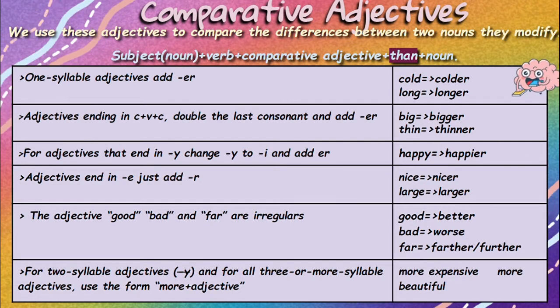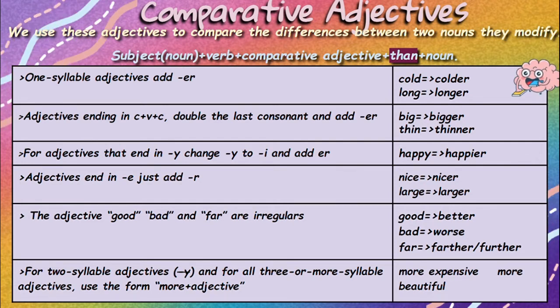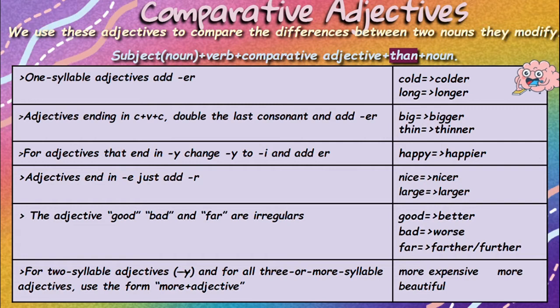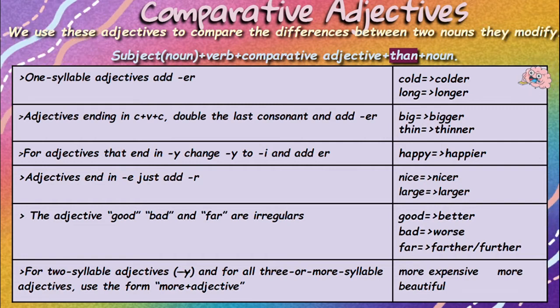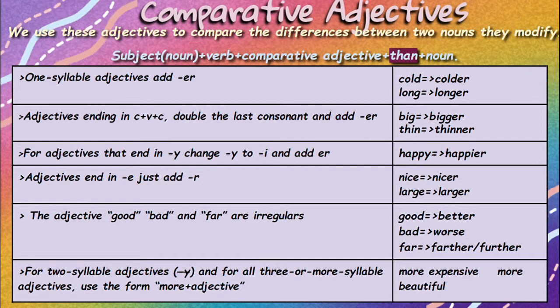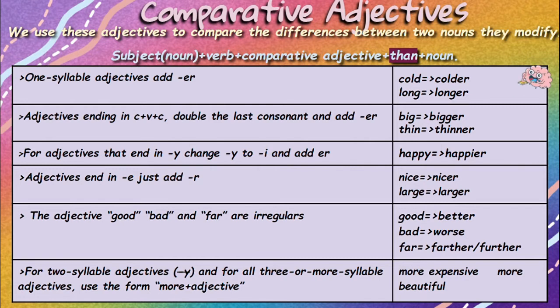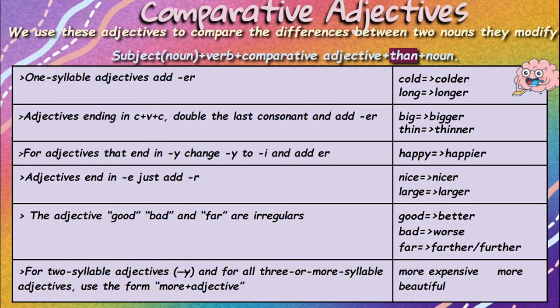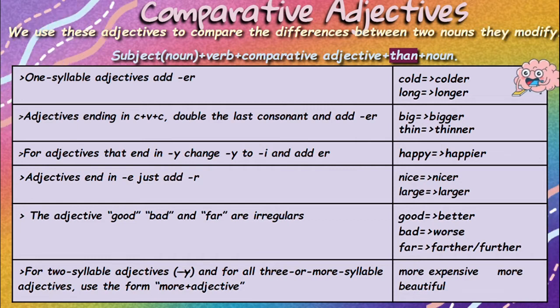For adjectives that end in y, change y to i and add er. For example, happy, happier. Adjectives that end in e, just add r. Nice becomes nicer. Large becomes larger.